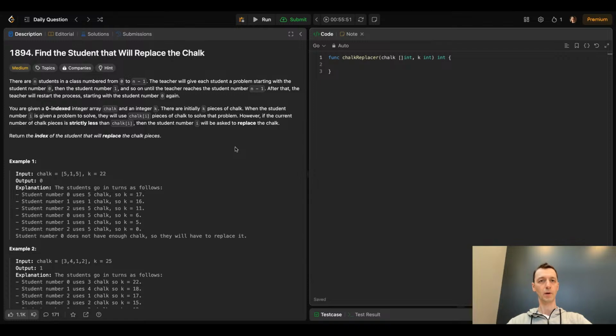So we did a little practice, warmed up a little bit on this number theory problem.